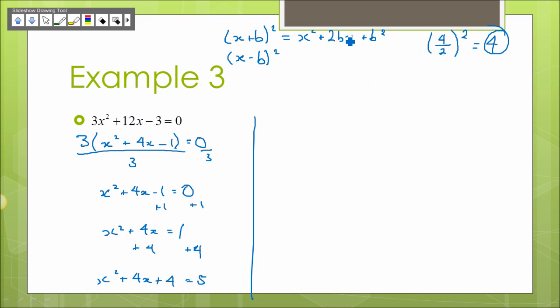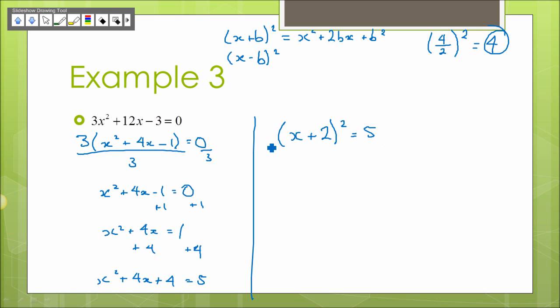And where do we get that b from? Our working out that we did over here, whatever is inside the brackets is going to be our b. So when we factorize, it's going to be x plus, well, 4 over 2 is just 2, squared, and that equals 5.